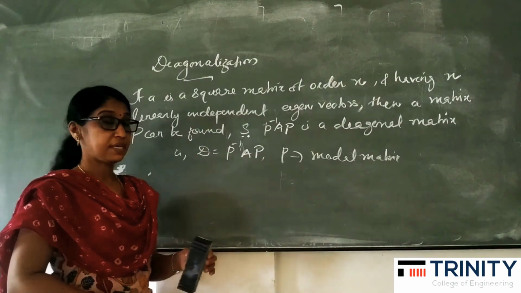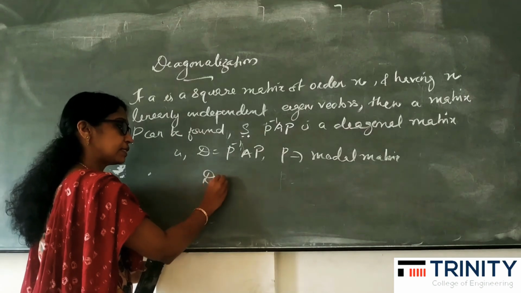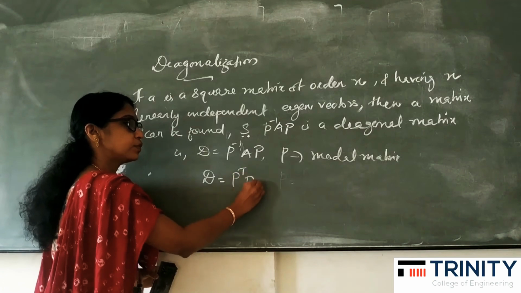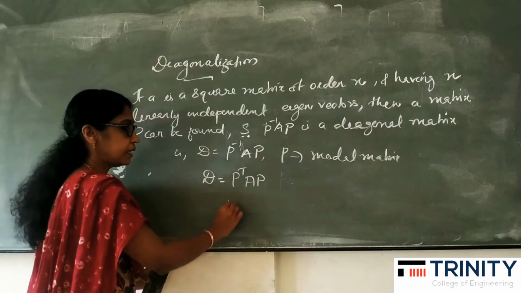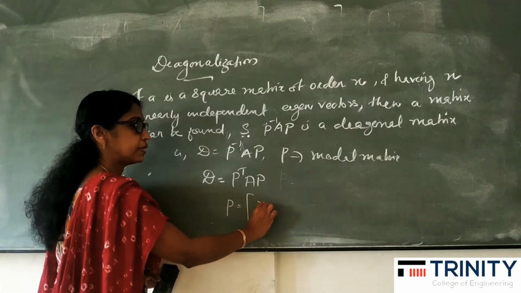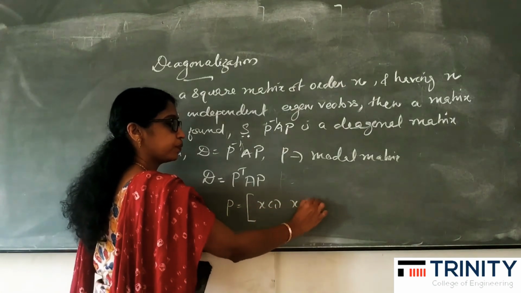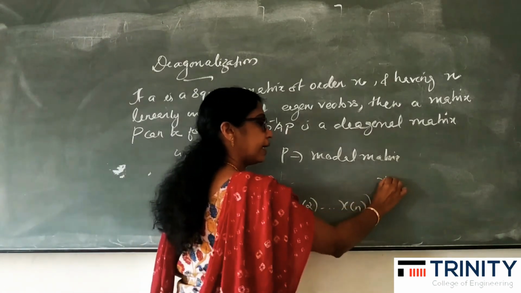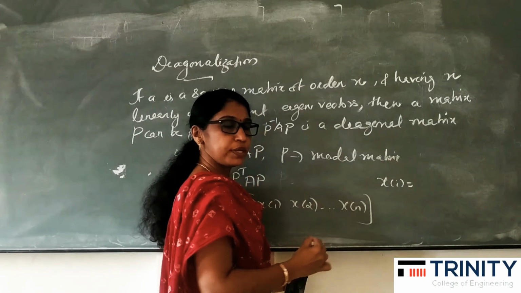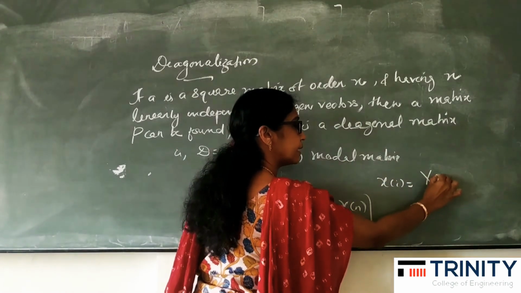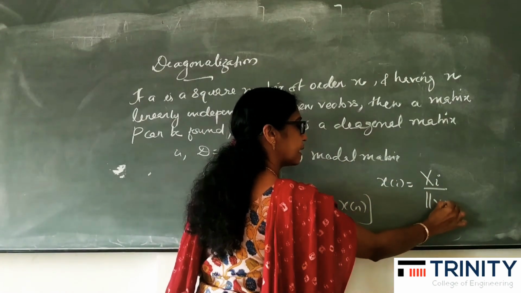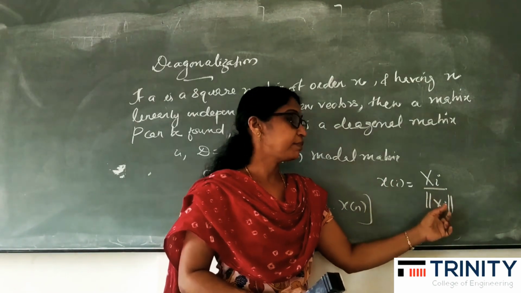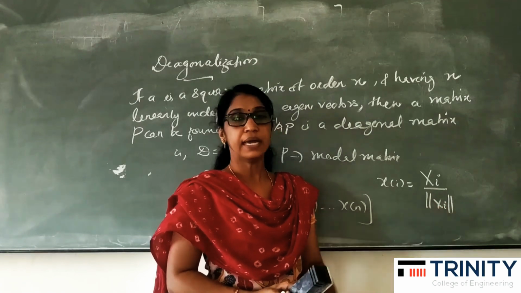And for symmetric matrices, there is another formula for diagonalization: D is equal to P transpose of AP. Here P is given by P equals the matrix x1, x2, etc., xn, where xi can be obtained from the formula capital Xi divided by the norm of Xi, where capital Xi are the eigenvectors and the norm of Xi is the length of the eigenvector.